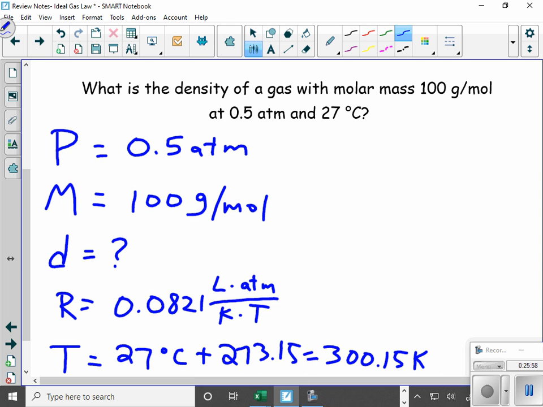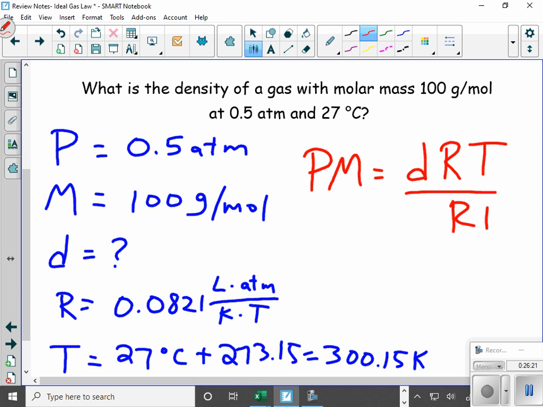So now I've collected, once again, the data that I need. The only thing now is, my equation is PM equals dRT. I'm trying to solve for density, so I'm going to divide both sides by RT.